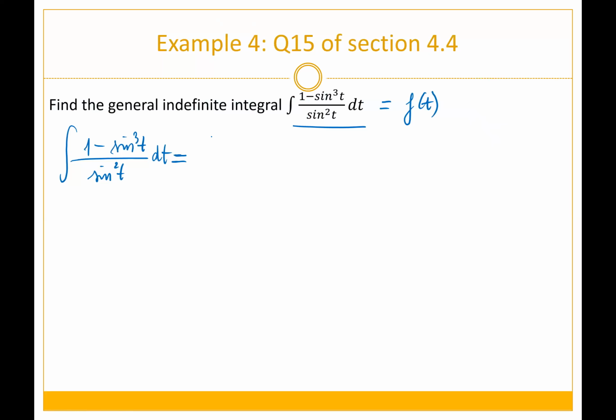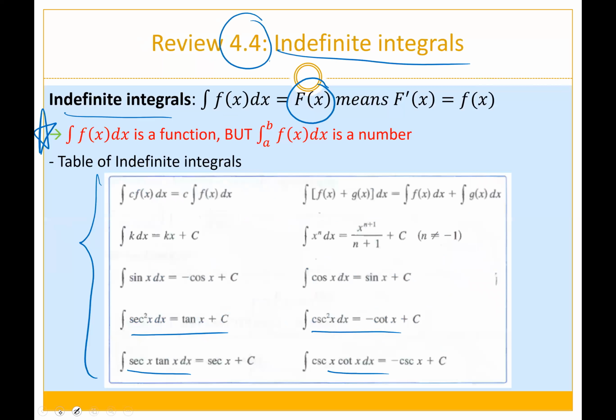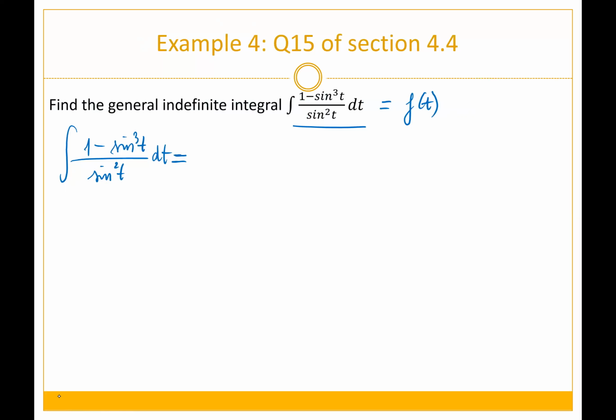In this case, when you look at it and you don't know if you can use any of the integrals you already learned in that table, but you know these are the trig integrals that you already know, try to think about making it into one of these forms.